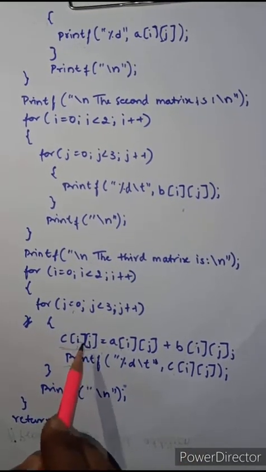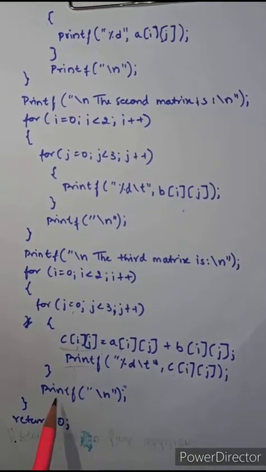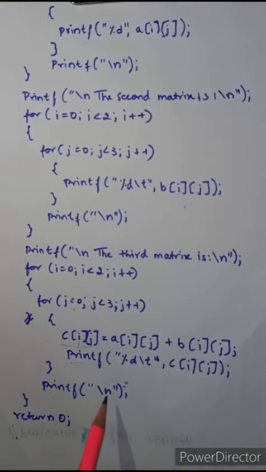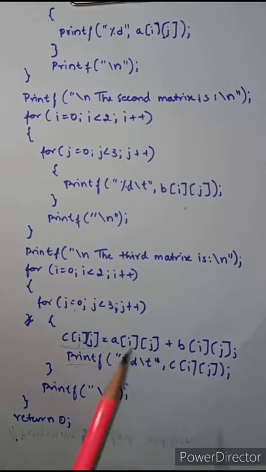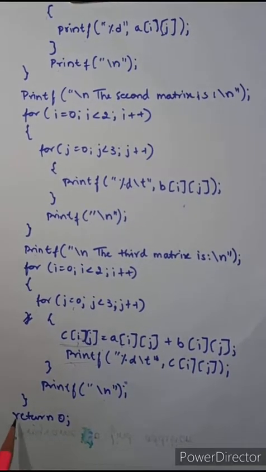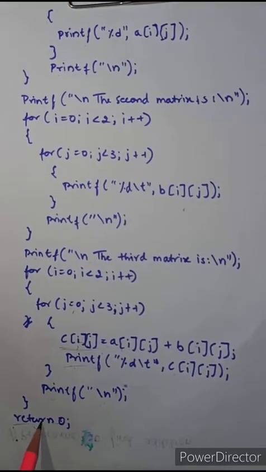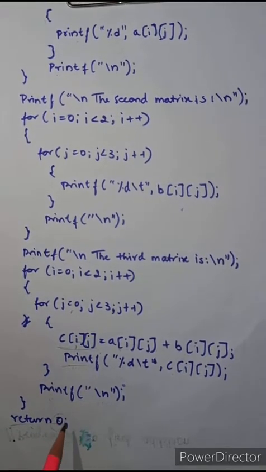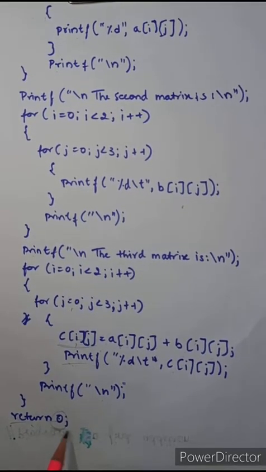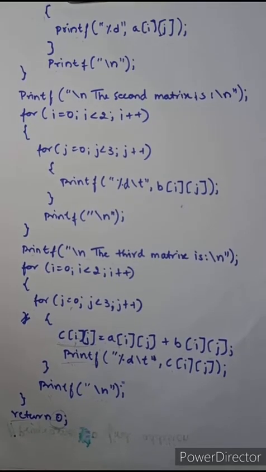This matrix will be printed, and printf slash n is used for representing the matrix form. And return 0, this return 0 is used to show the program is executed with 0 errors, and the first curly bracket closes.